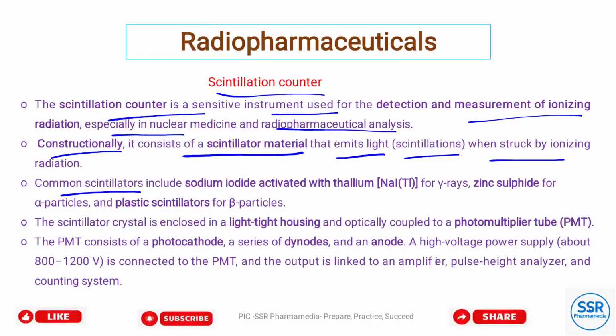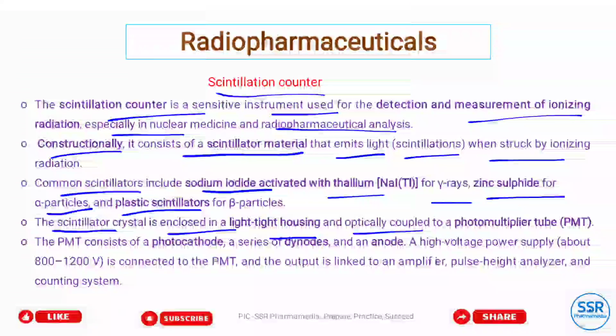Common scintillators include sodium iodide activated with thallium for gamma rays, zinc sulfide for alpha particles, and plastic scintillators for beta particles. The scintillator crystal is enclosed in a light-tight housing optically coupled to a photomultiplier tube.